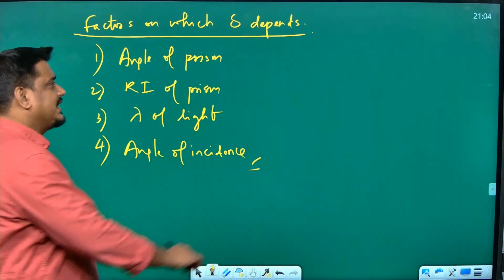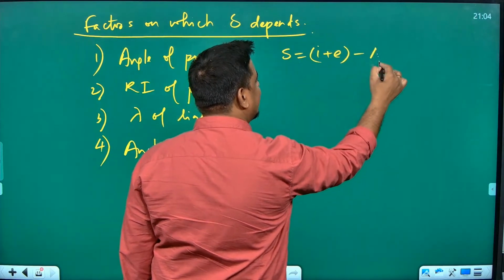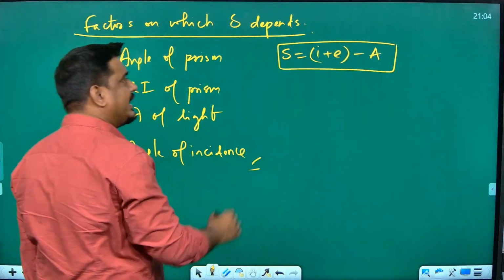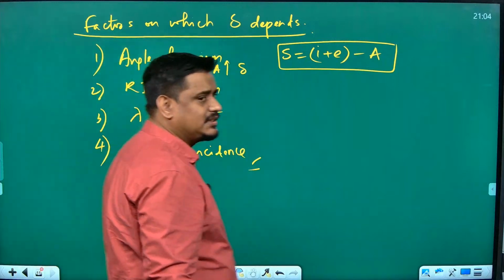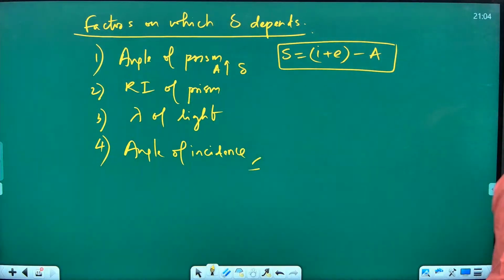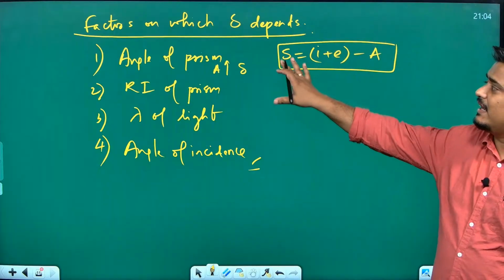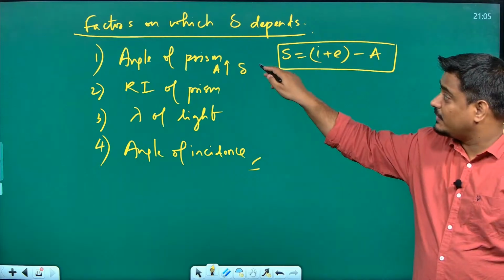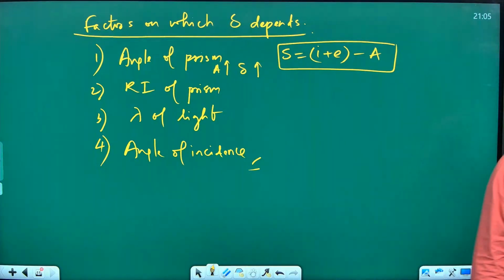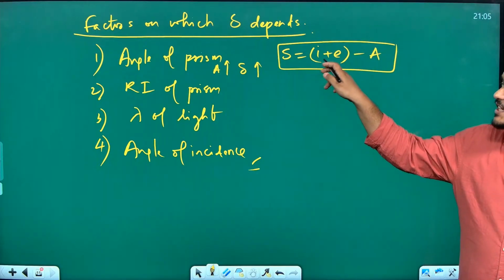So as the equation says, delta is equal to i plus e minus A. If angle of prism increases, delta should increase or decrease? It should ideally decrease, no? But if you check experimentally, it will increase. You know why? Because angle of prism increasing is also changing i and e.